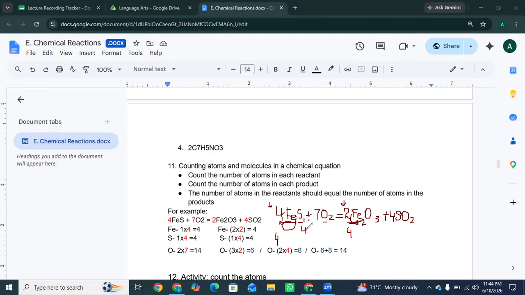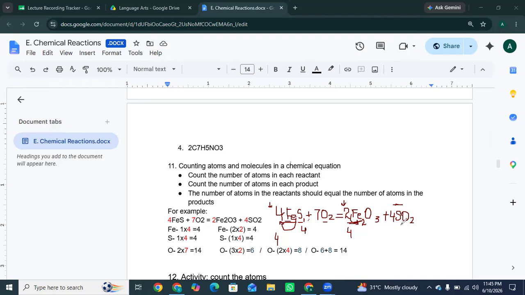On the right side, 4SO2, S doesn't have any small number either, so you can write 1 for understanding.